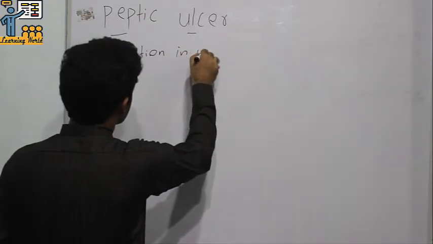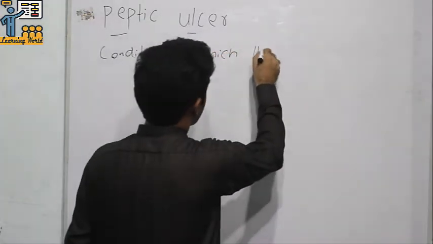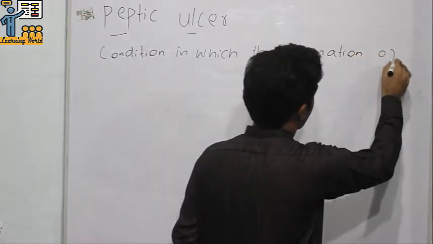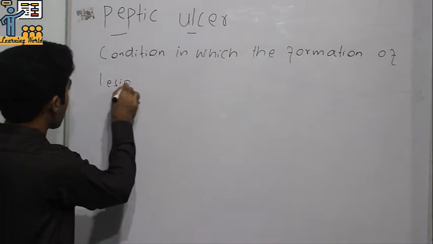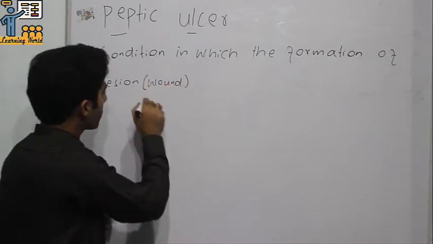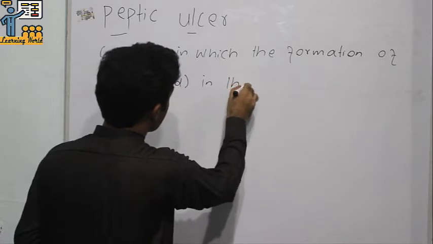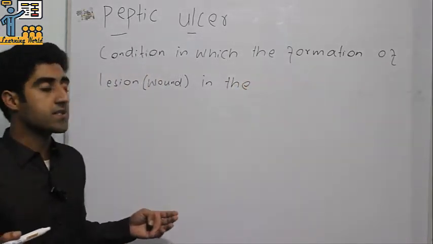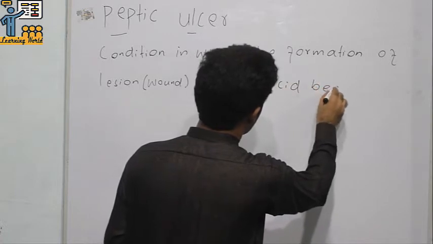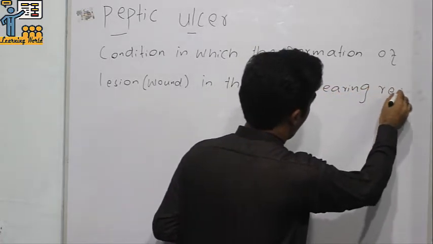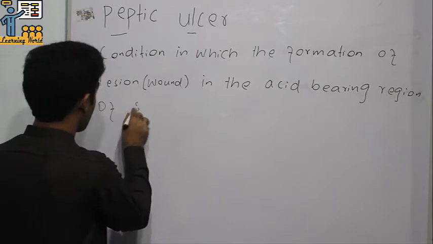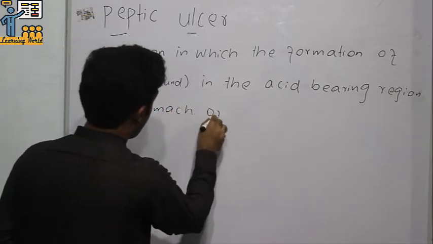The condition in which there is the formation of a lesion, meaning a wound, in the acid-bearing region, only the acid-bearing region, which consists of the stomach or the duodenum.